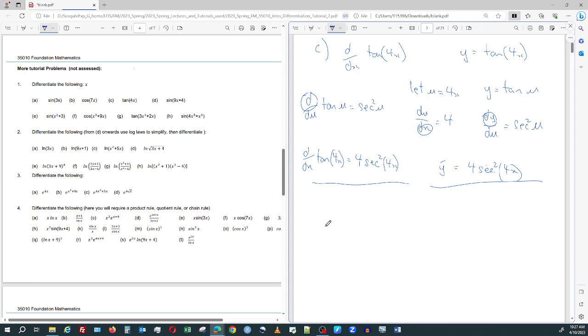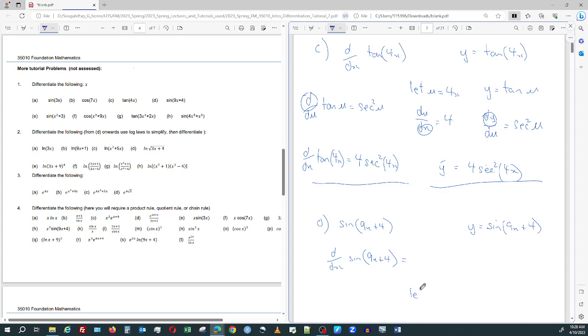So for d dx of sine 9x plus 4, we'll assign it as y equals sine of 9x plus 4.